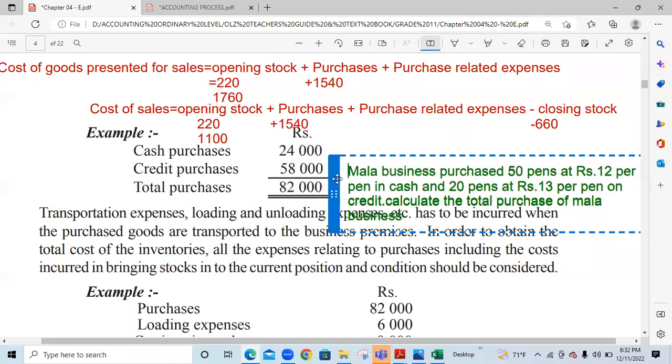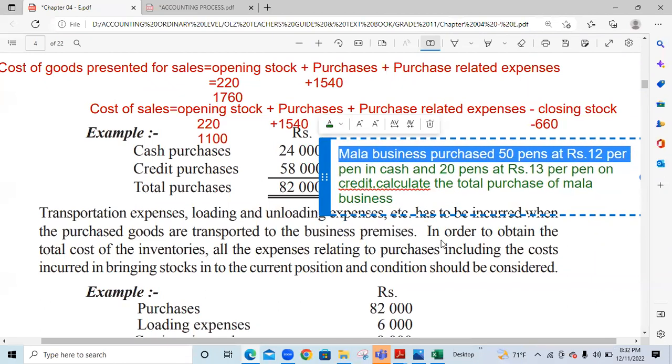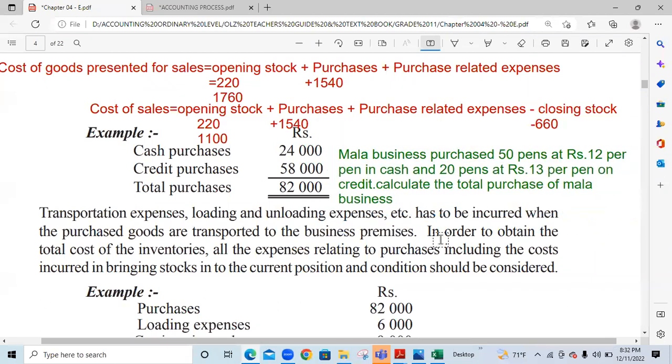Mala's business purchased 50 pens at 12 per pen in cash and 20 pens at 13 per pen on credit. Calculate the total purchase of Mala's business. Okay, good job, guys. Correct answer.